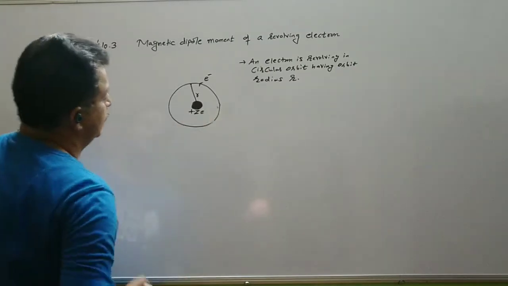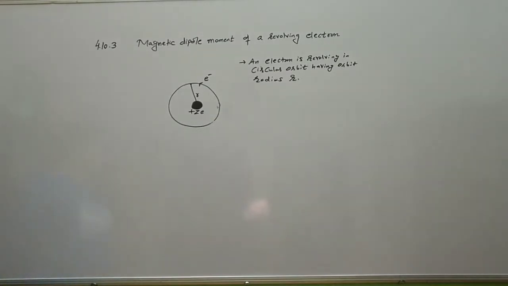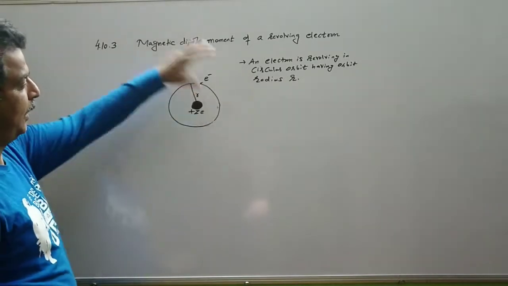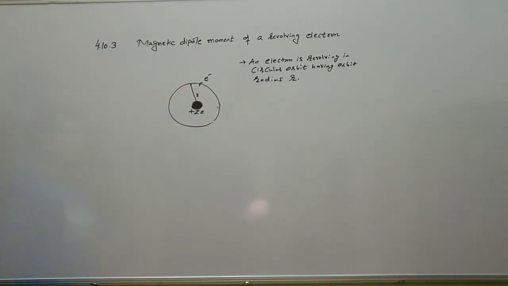Let us call this nucleus Ze, where Z is the atomic number. So we assume the nucleus is concentrated at its center and the electron is revolving.